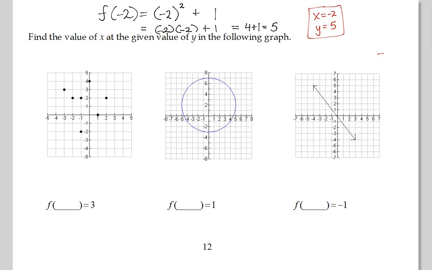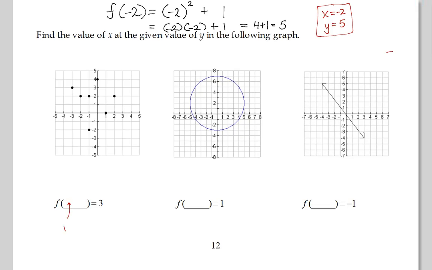If you look at the bottom part of the page, it's f of something equals a number. So we are missing the input. We always input into the function machine, and then it's going to output a value. So for the function machine, we have to put something in there. This is the function machine, and it's going to output something.